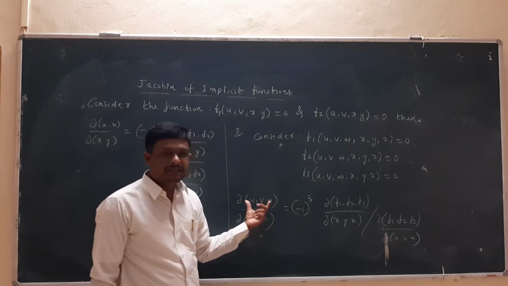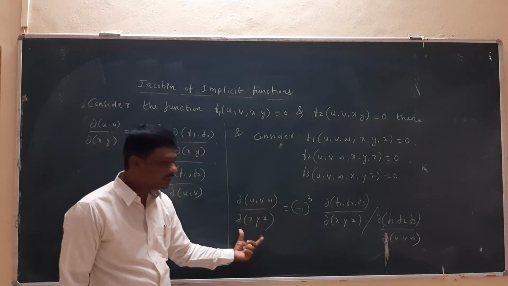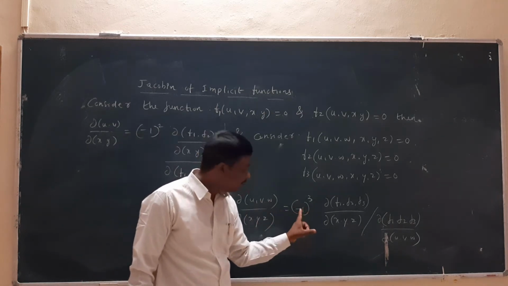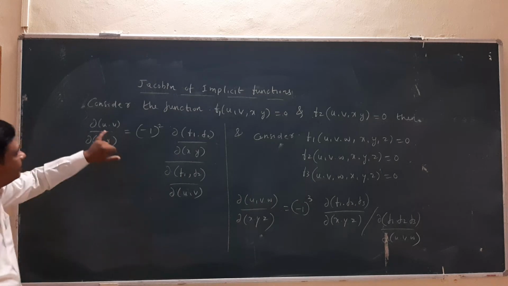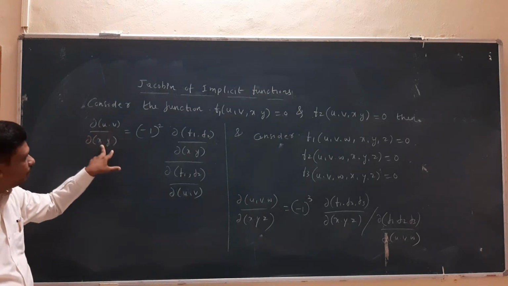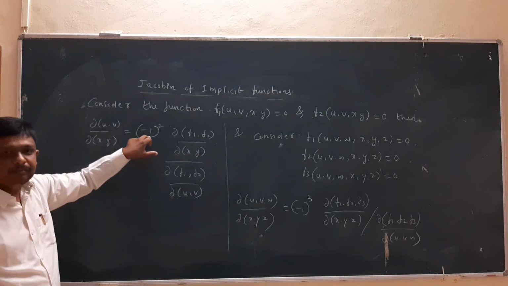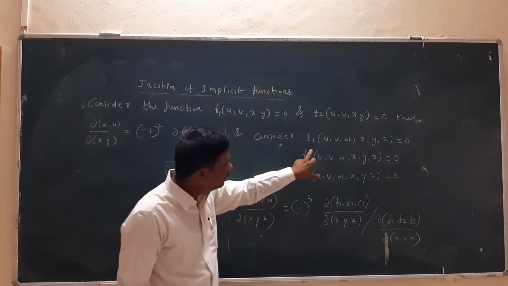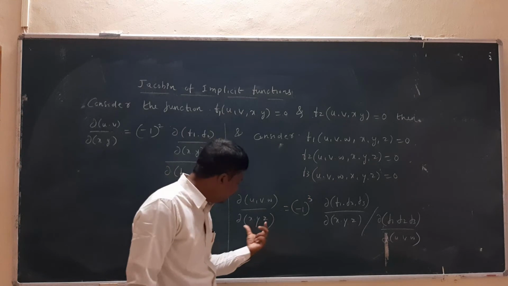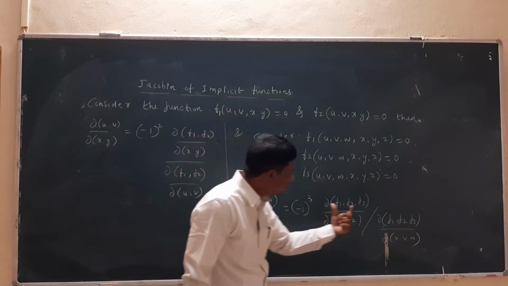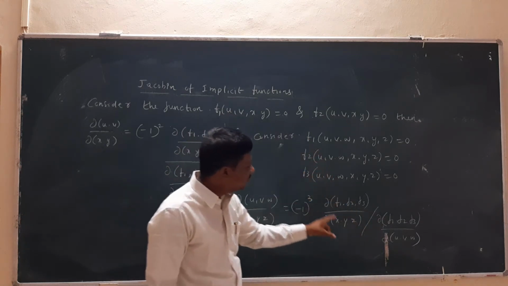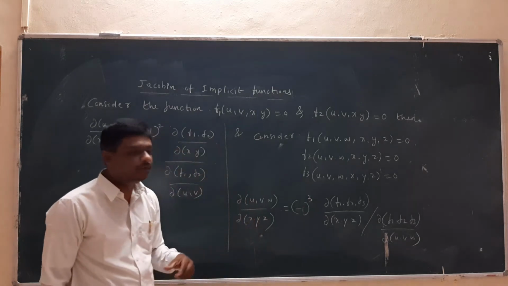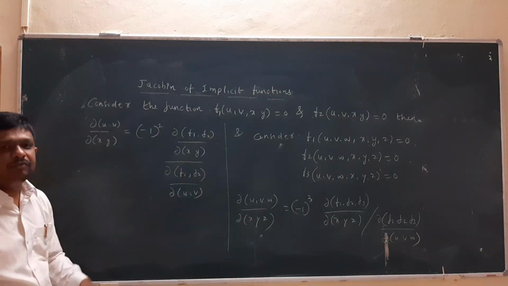Here three dependent variables and three independent variables are there. Therefore, here I am getting minus 1 cube. In the earlier case there were two dependent variables and two independent variables. That's why I had minus 1 square. So this implies again differentiating f1, f2 and f3 with respect to x, y, z, and f1, f2 and f3 with respect to u, v, w. So this is the formula of the implicit function.